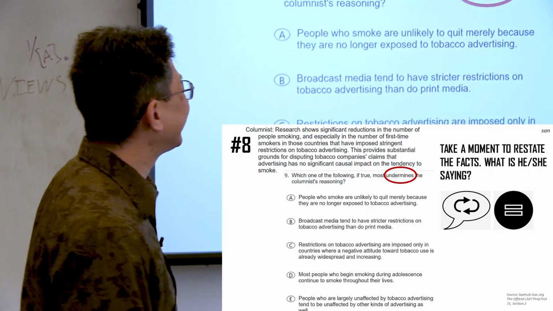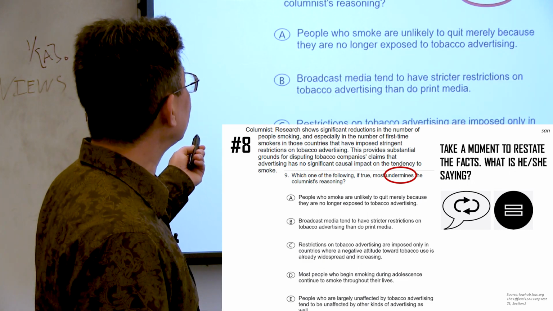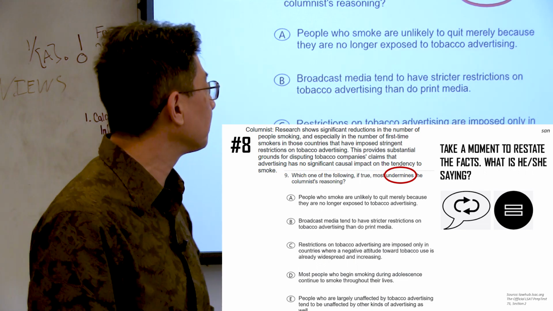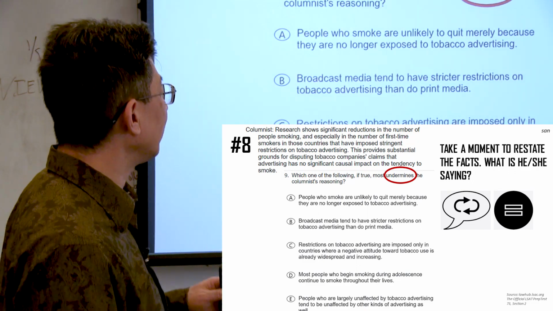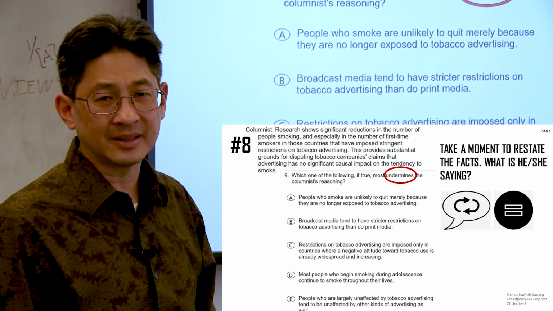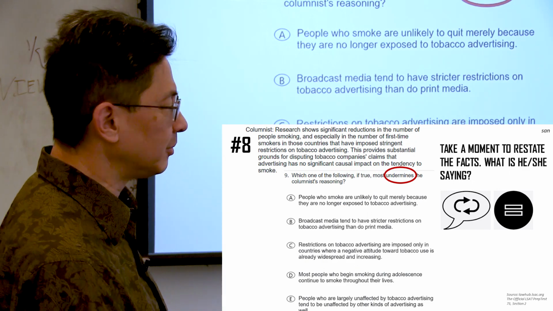And again, it goes against what the tobacco companies feel. It is grounds for disputing, meaning it goes against what tobacco companies are claiming. Now, here's the tricky part. The question says, which of the following undermines that reasoning? Whew, this is complicated. They're saying now, how do you mess with that argument?